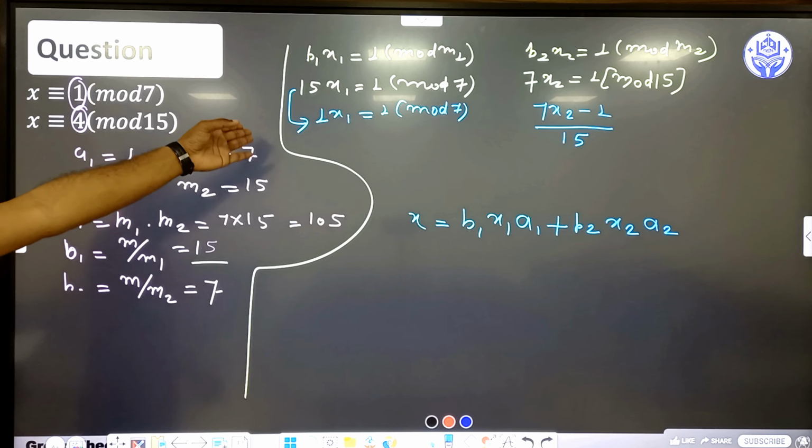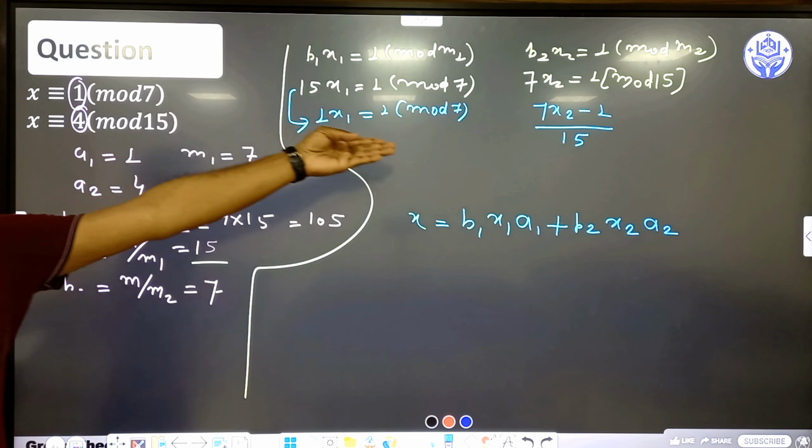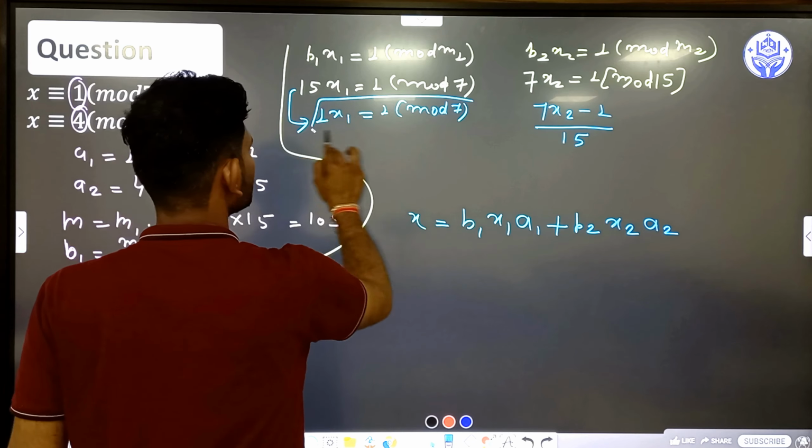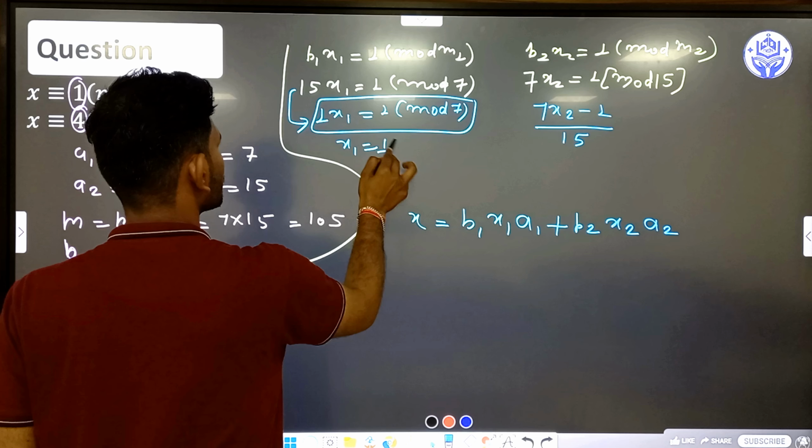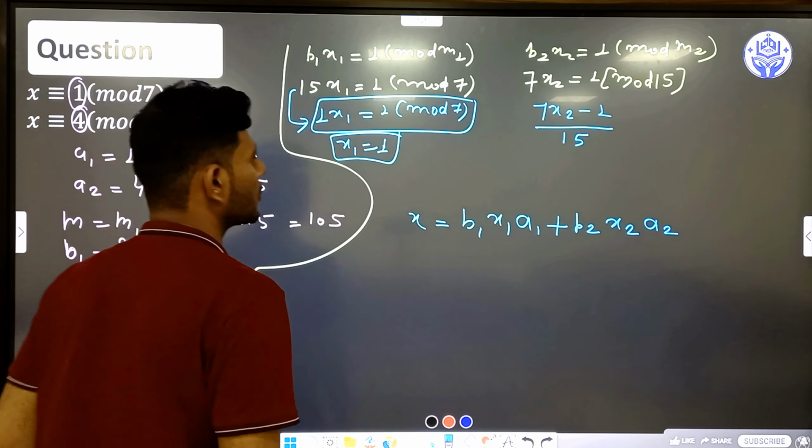So 15 minus 1, that is 14, divided by 7. So it has a solution, a simple identity solution. x1 is equal to 1, so no need to bother with this.